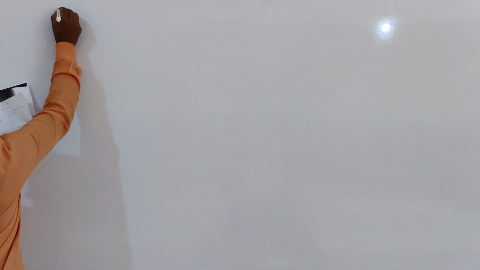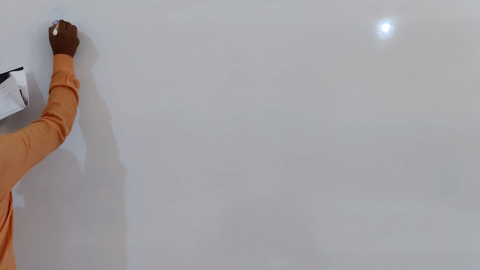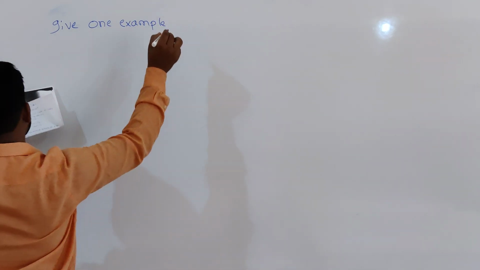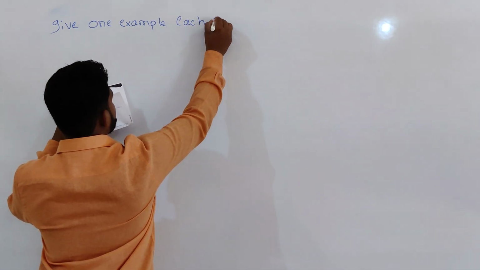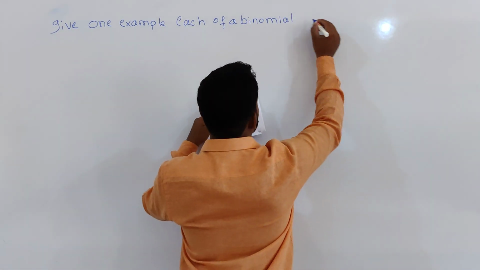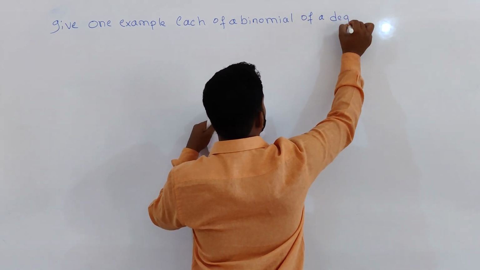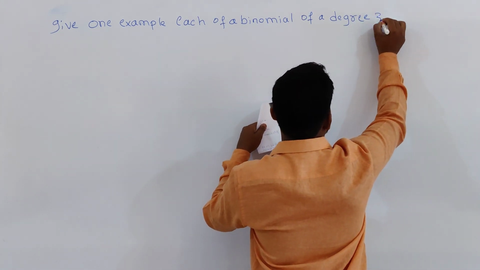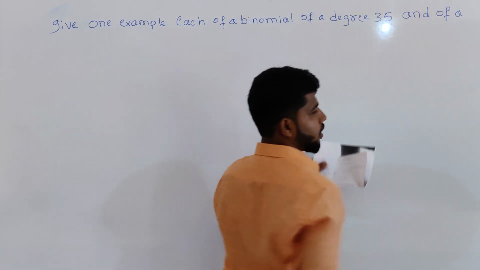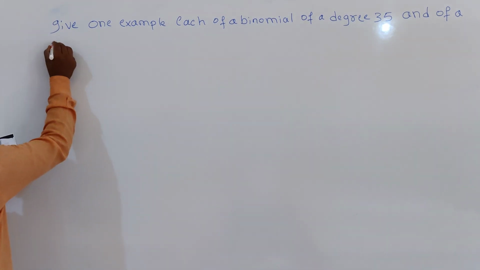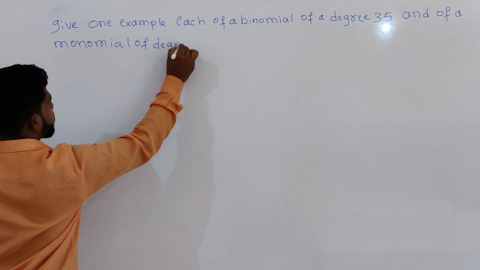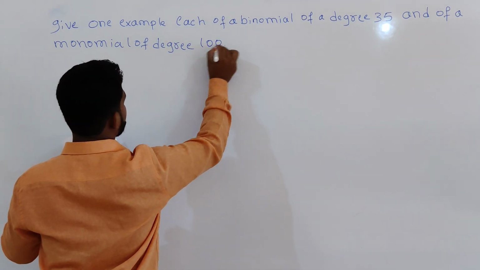Give one example each of the binomial of degree 35 and of a monomial of degree 100.